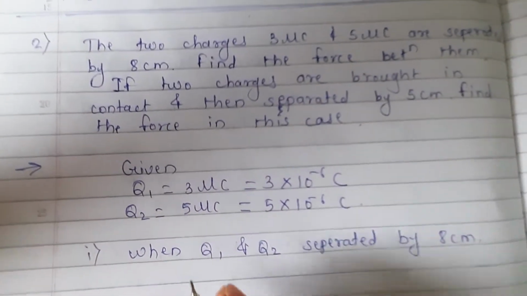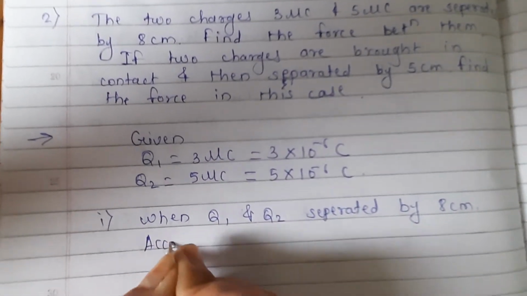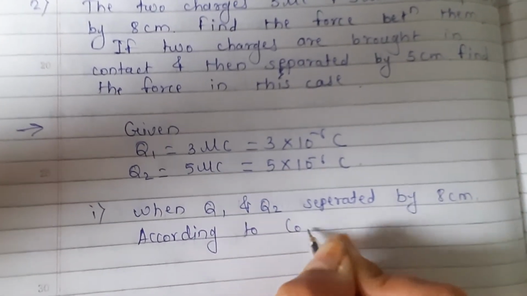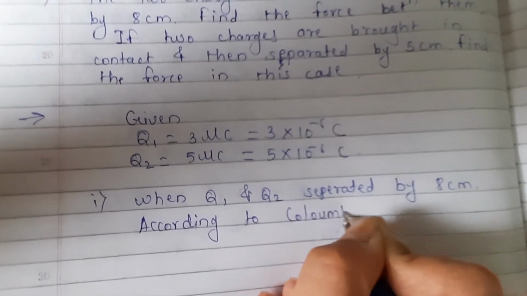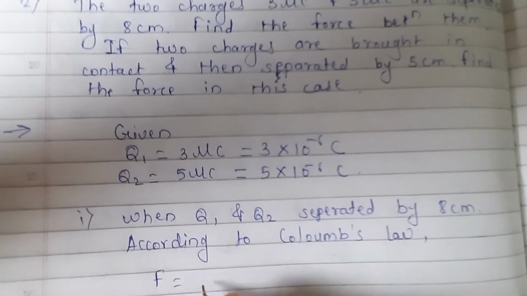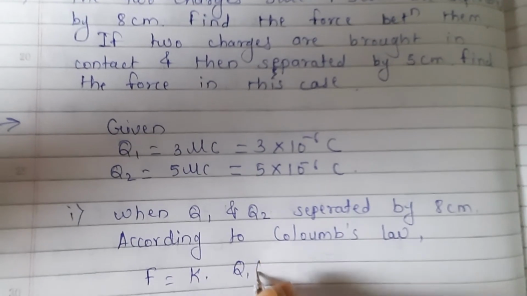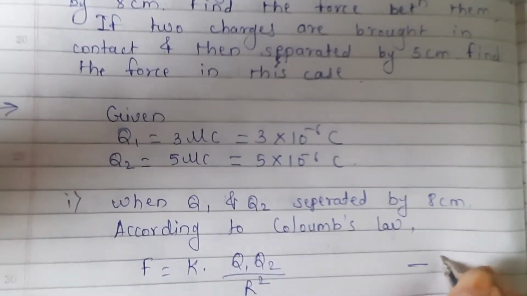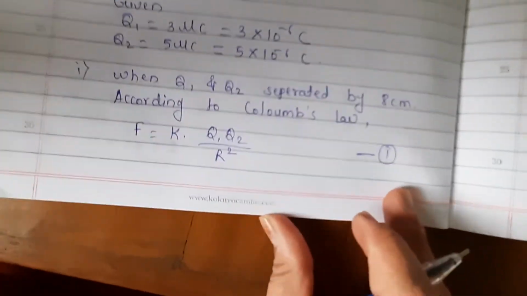So the equation according to Coulomb's law is F is equal to K into Q1 Q2 divided by R square, where R is the distance between the two charges.